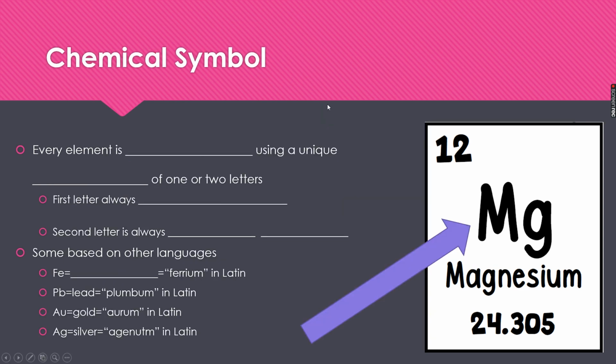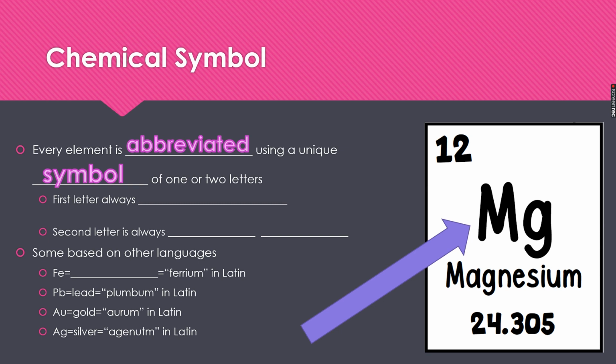Now the chemical symbol is the second thing we see on a periodic square, and it's this little abbreviation right here. So every element is abbreviated using a unique symbol of 1 or 2 letters. There aren't any that have more than 2. There were a few that had 3 for a little bit, but those were just stand-ins until the elements got their actual name.